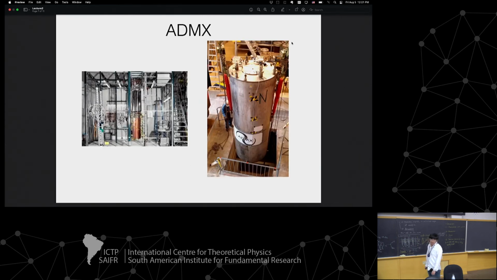Right. So this is the ADMX detector. So there's a human here, so you can see how big it is. Right? It's a meter-sized cavity, and it is a cavity which is putting a magnetic field. And then you need to put a lot of structure around it because you want to cool it down to millikelvin temperatures.